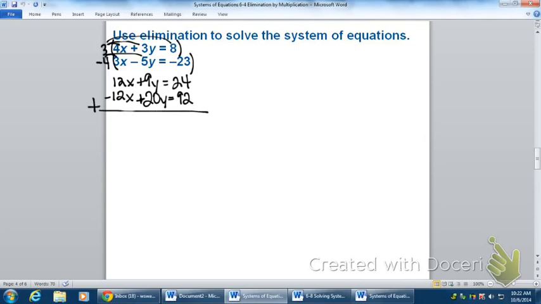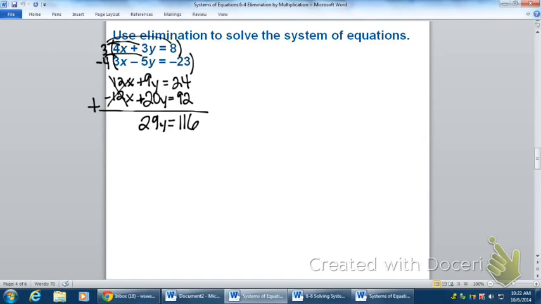I'm going to add 9y plus 20y, which gives me 29y. Oh, okay, I see now. I have 92 plus 24. That gives me what? 116. 116. Okay.